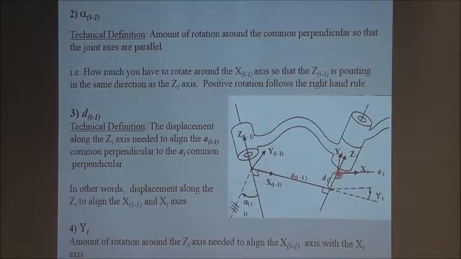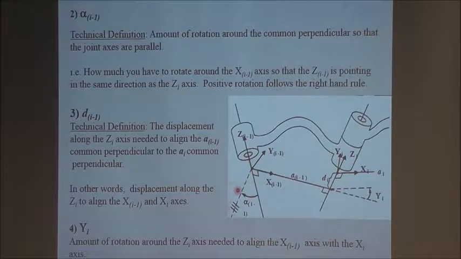The next thing is the additional rotation, theta_i, the amount of rotation around the Z_i axis, to align X_i and X_{i-1} together. So basically you move the coordinate frame of Z_{i-1} so that the place where all the axes meet coincides with Z_i, and so forth.